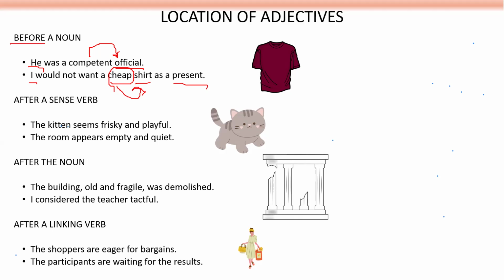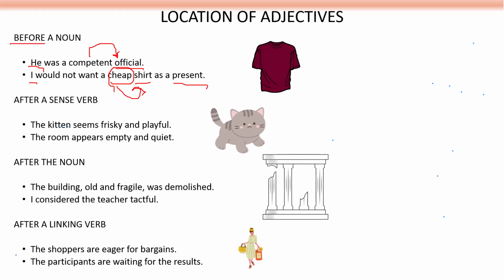Baka malito kayo, sabihin nyo, parang adverb yun na. No. It doesn't function as an adverb because it still modifies the noun. Na magiging adverb lang ang isang word if it modifies the verb. But here, as you can see, the noun is kitten and room. The kitten seems frisky and playful. Nilagay lang yung seems kasi nga verb.